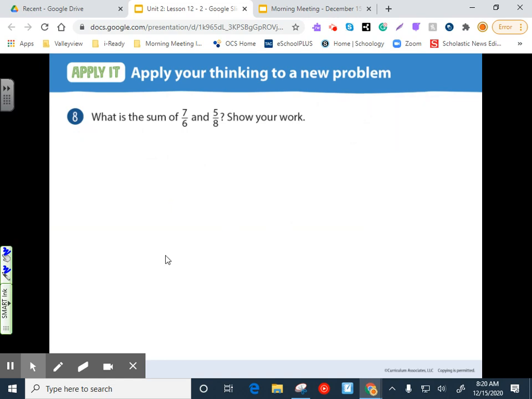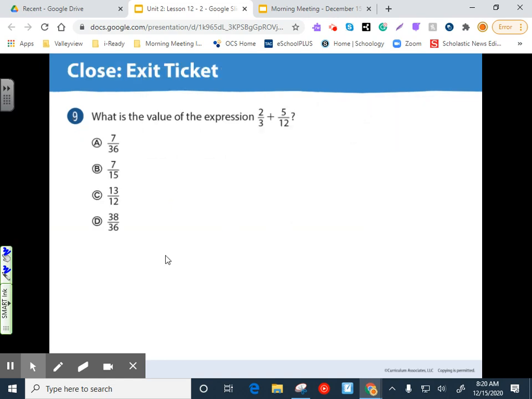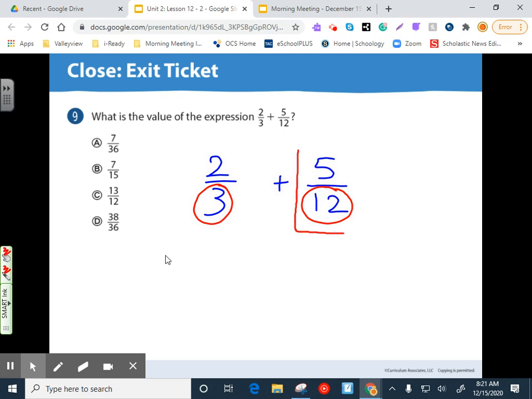And one last problem. All right, so this one's good. So let's put down 2/3 plus 5/12. Okay. You're looking at your original denominators of 3 and 12. And you probably already see that 12 is a multiple of 3. So we can create an equivalent fraction with this one on the left and keep this guy right here.